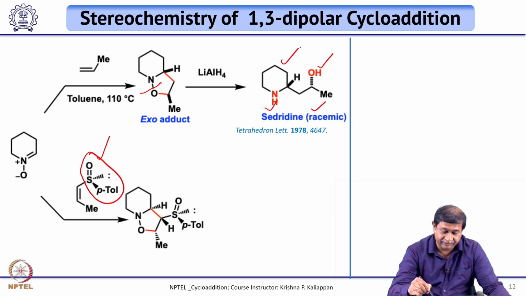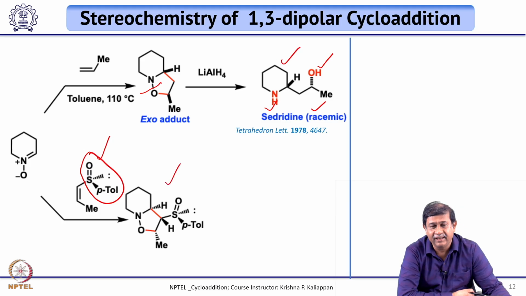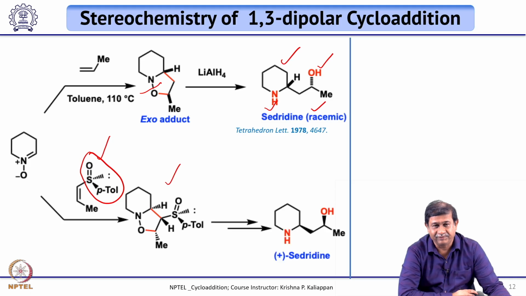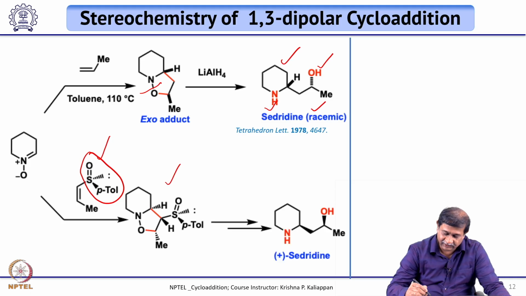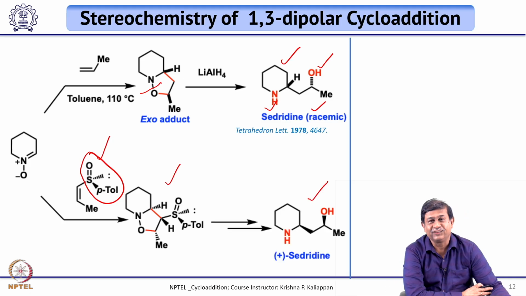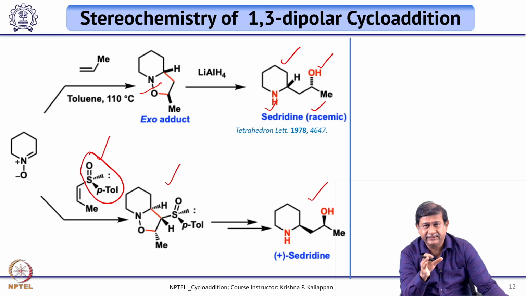Here it is relative, this is absolute. Okay. So now you cleave the N-O bond and followed by removing the chiral auxiliary, you will get the plus isomer of this natural product. Okay. By attaching the chiral auxiliary in the dipolarophile, one can get exclusively or predominantly one isomer.